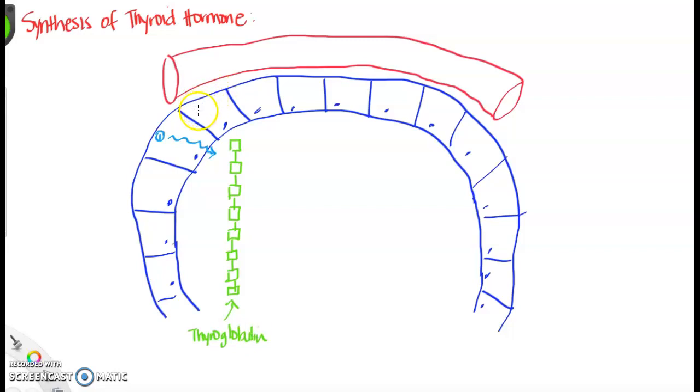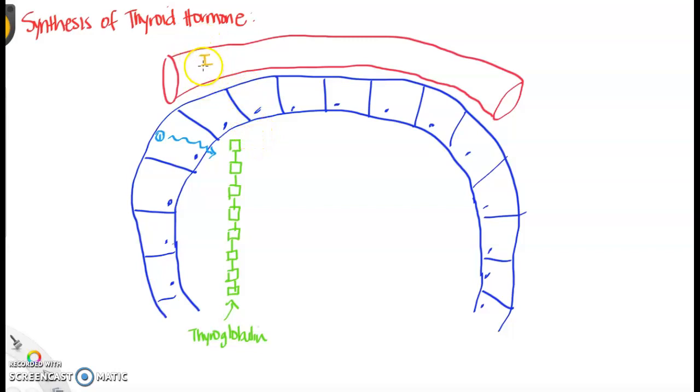So now once we have the thyroglobulin, the follicle brings in iodine from the blood. So we've got iodine ions in here, and we bring them into the follicle cell and then into the follicle itself and connect it to the thyroglobulin.